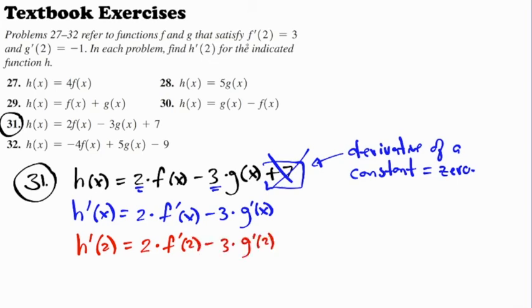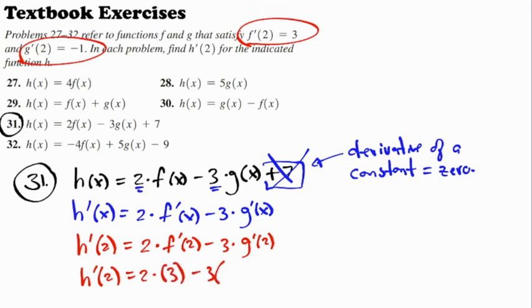And we would go back up to the directions and get the values for f prime of 2 and g prime of 2 and plug them in. So 2 times f prime of 2 is 3, minus 3 times g prime of 2 is negative 1, and this gives us 6 plus 3. This gives us h prime of 2 equals 9.